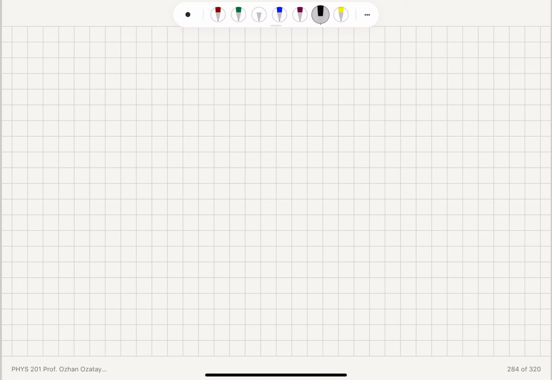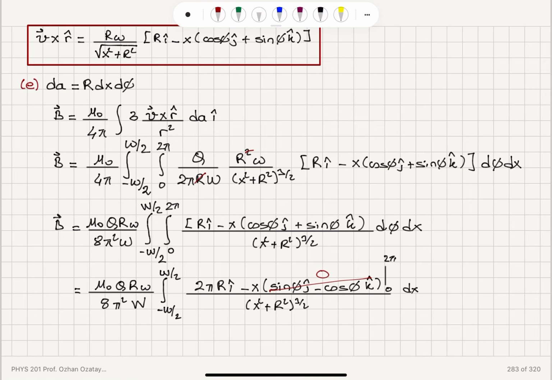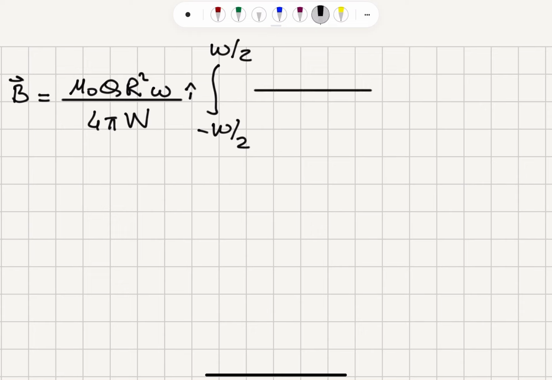Okay, so if I rewrite this integral here, magnetic field B is equal to mu 0 capital Q capital R squared angular speed omega divided by, because I have a 2 pi R here, 2 pi and 8 pi squared will give me a 4 pi at the bottom, 4 pi w, in the i hat direction, and this integral remains, minus w over 2 to plus w over 2, dx over x squared plus capital R squared to the 3 halves.